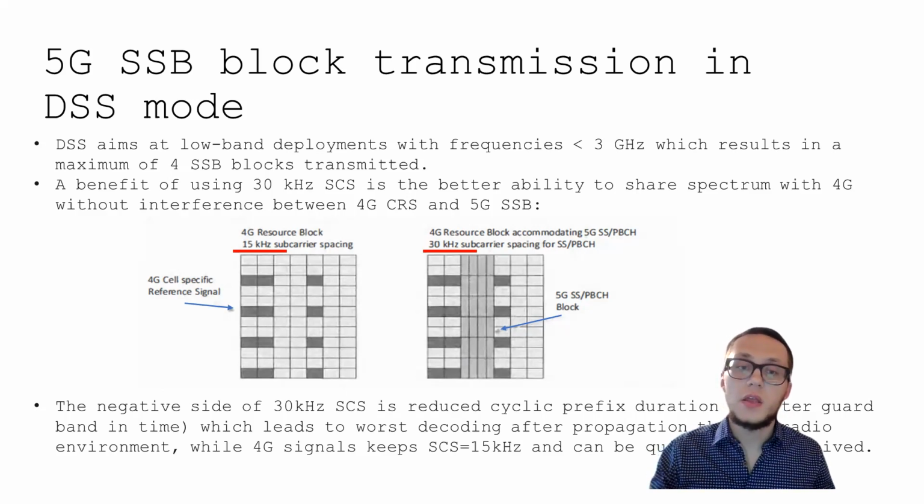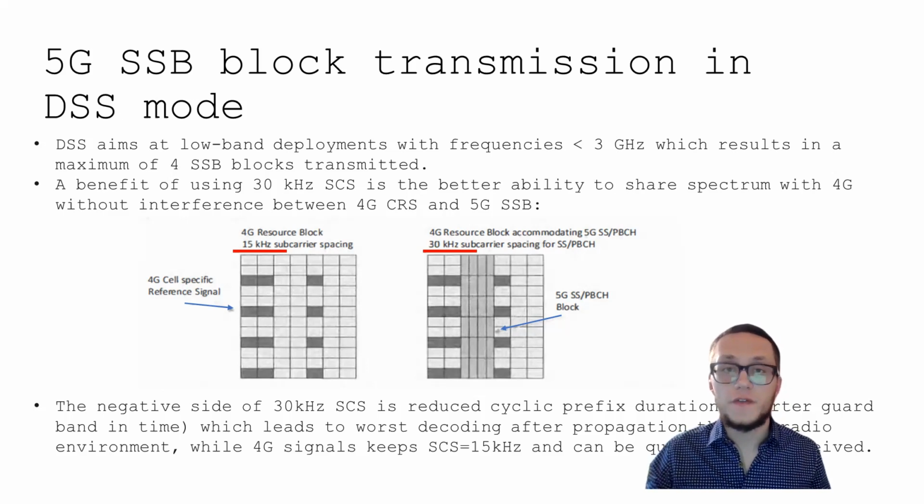It means that in very bad radio conditions, we may have some reduction in 5G accessibility KPI compared with 4G accessibility, because in that case the 4G synchronization signals will have 15 kHz subcarrier spacing, and the 5G SSB will have 30 kHz subcarrier spacing.